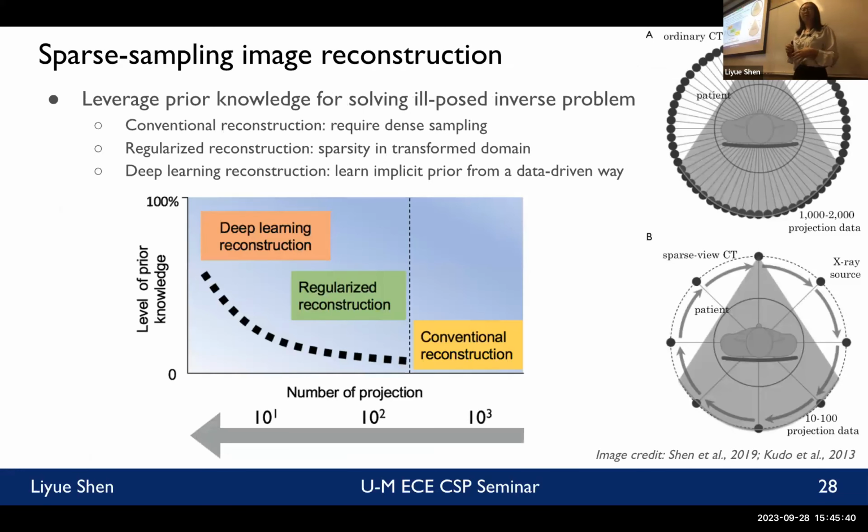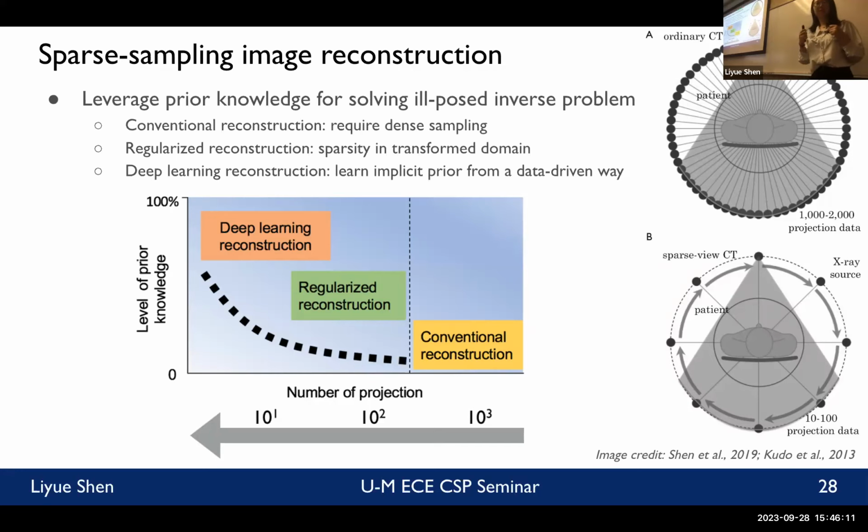Regarding sparse sampling image reconstruction, in the conventional methodology or the current clinical protocol, for example in CT reconstruction as shown in the right figure, it always needs to acquire, for example, 1,000 or 2,000 projections at different angles to reconstruct artifact-free images for CT imaging. If we can do sparse view CT reconstruction, that could further reduce the projections or angles that we need.